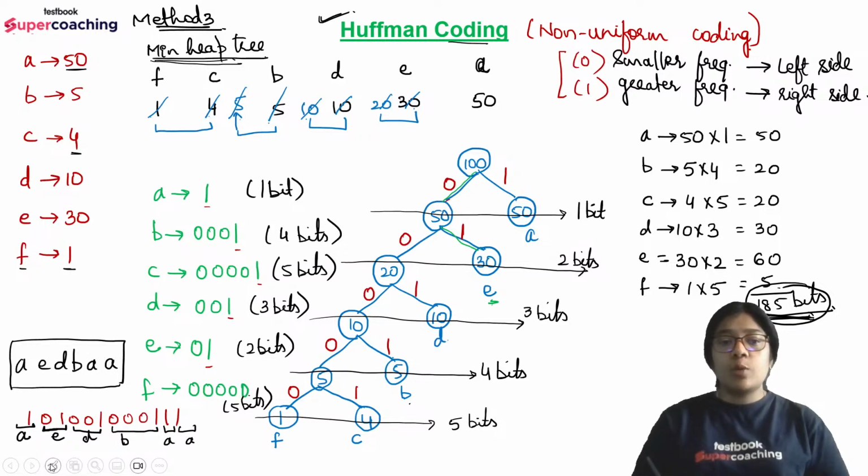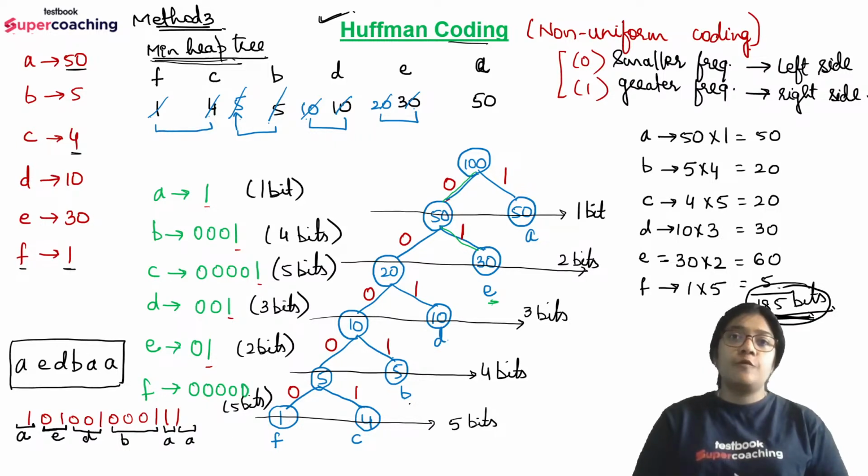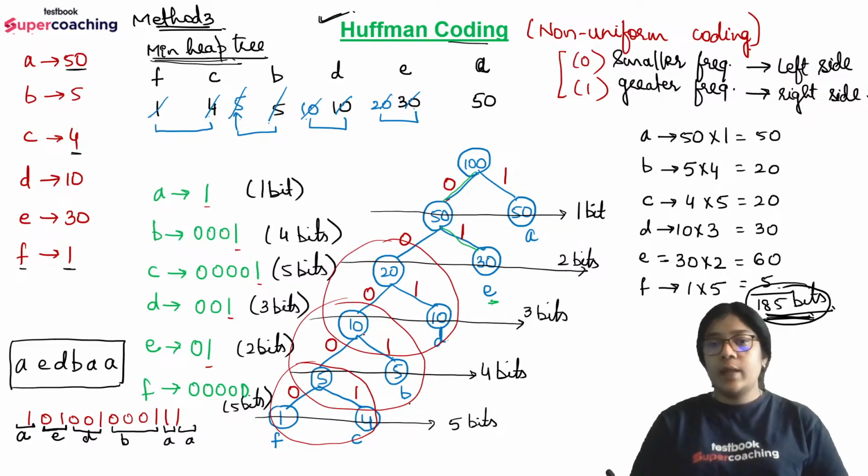हमने क्या किया, दो minimums को delete किया, एक को वापस डलवा दिया. That means effectively one element gets deleted at every step. So you can see here we were given 6 characters. How many times was this step repeated? This is 1, this is 2, this is 3. Two elements are deleted, one is inserted back. 3, 4 and 5.